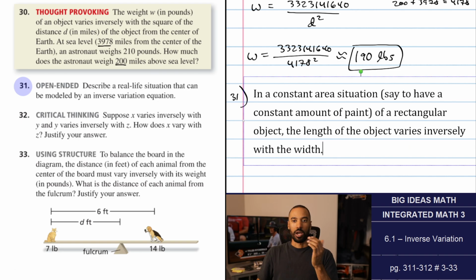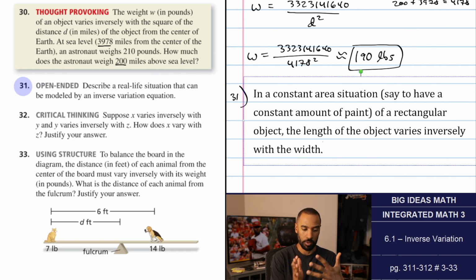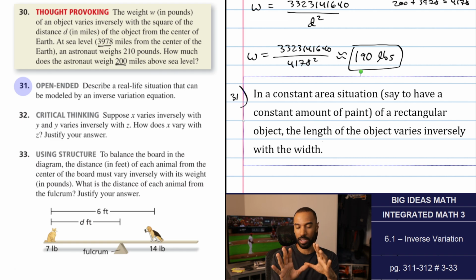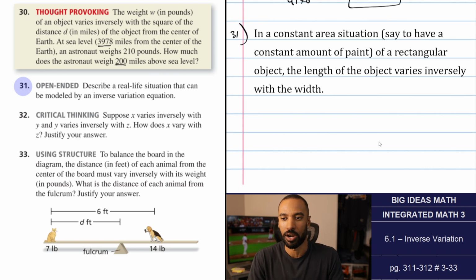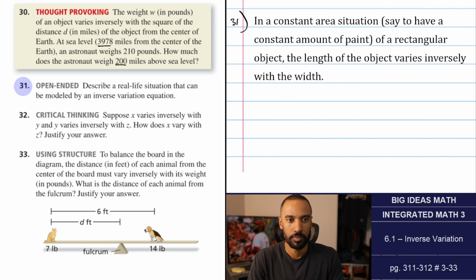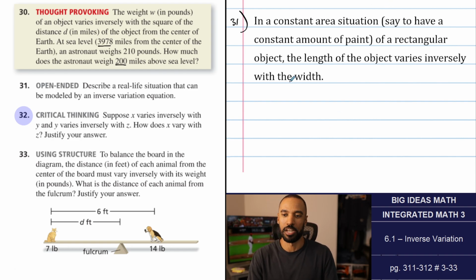That's true, because as the length increases, the width has to decrease, and the product needs to be the same. Length times width always needs to equal that area. That will be the case in a constant area situation. I'd come up with a better example, but I don't want to. No, the example's fine. With regard to a specific number set where we could solve it, they didn't ask us to do all that.